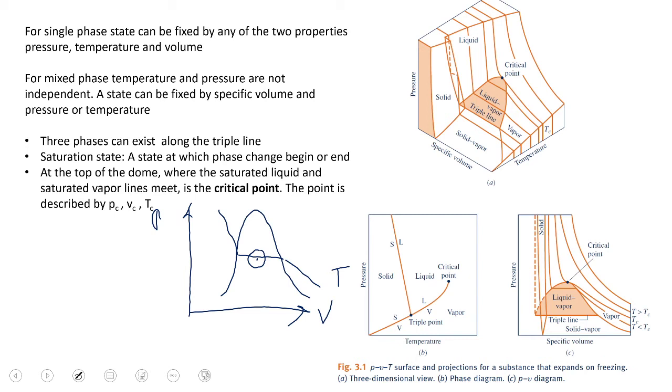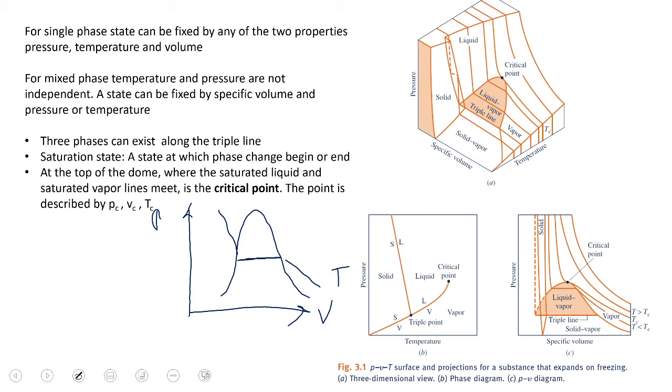This line over here is a horizontal line. On this horizontal line, pressure and temperature are not independent.